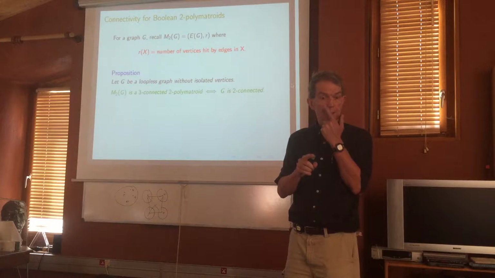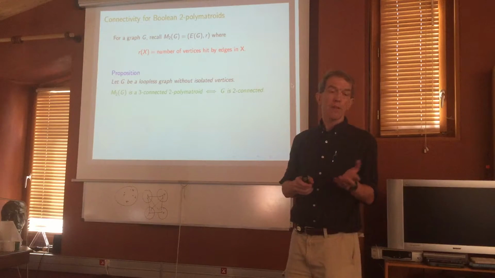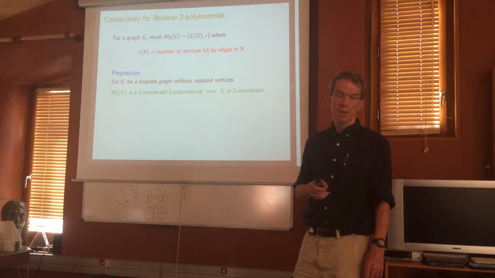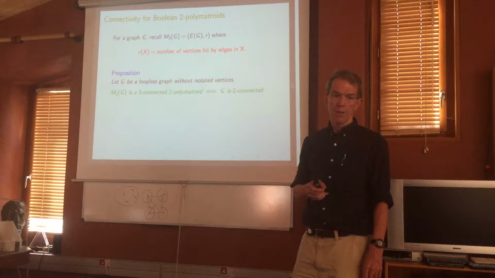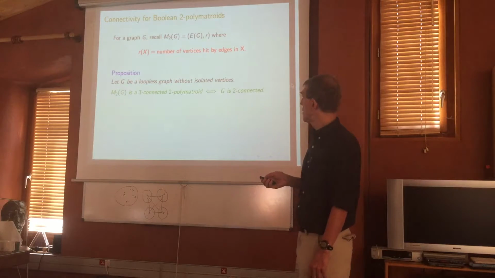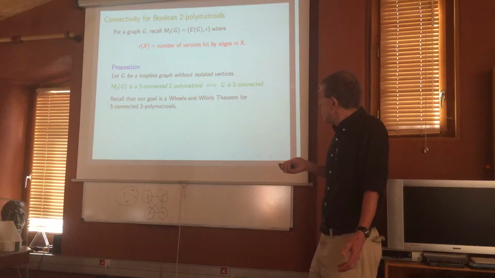So it's just terminology. The three-connected graphs are also allowed parallel edges, don't you run into problems there? Do pairs of parallel edges in the Boolean two-polymatroid give you a separation? No. They don't give you a problem.